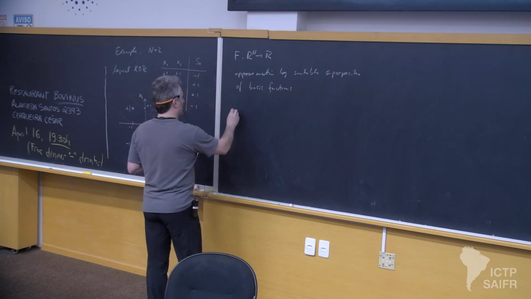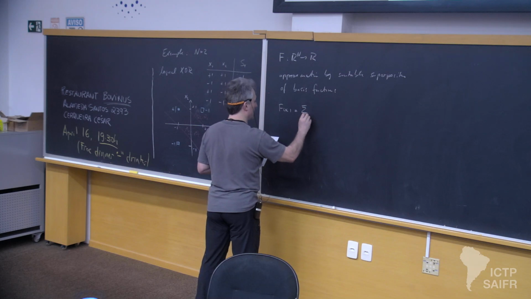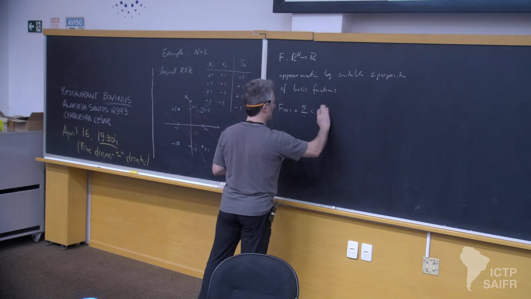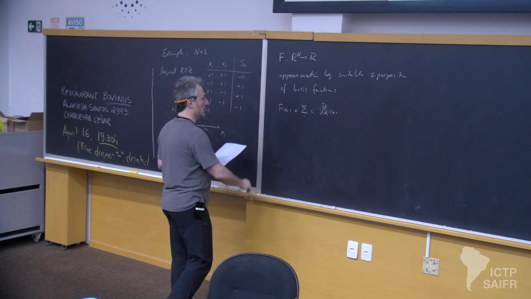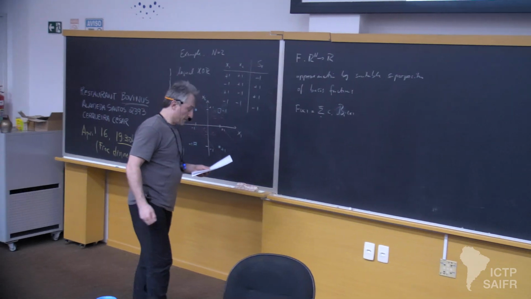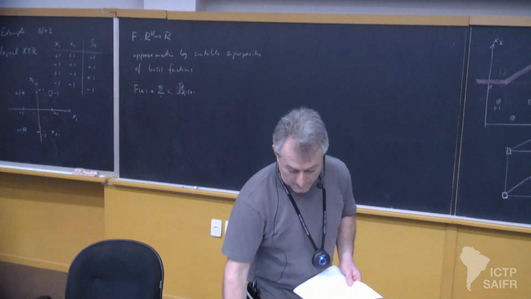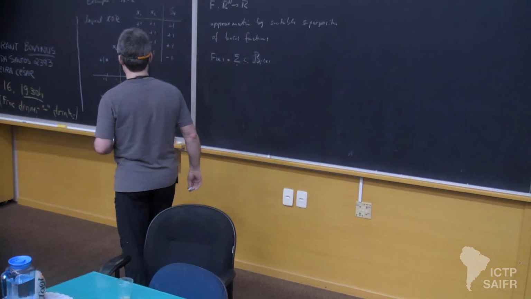So that I write the function f of x as the sum of some coefficients and some basis functions. And the question is, what are good basis functions for networks to represent?